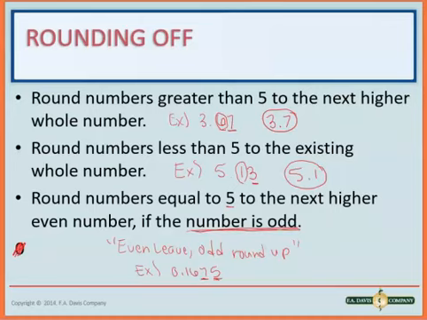Okay, it's odd. Well, what does our little saying say? Even, we're going to leave it. Odd, we can round up. So because this number is odd, we have our 5. Guess what? We can round up. 0.168 would be our answer.